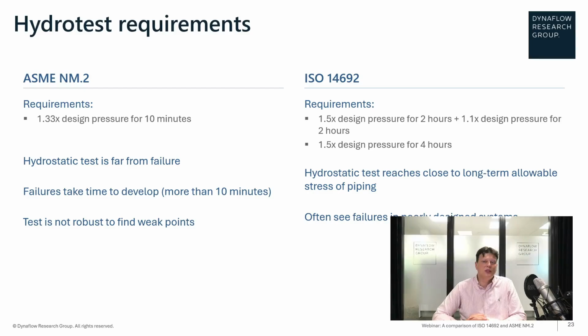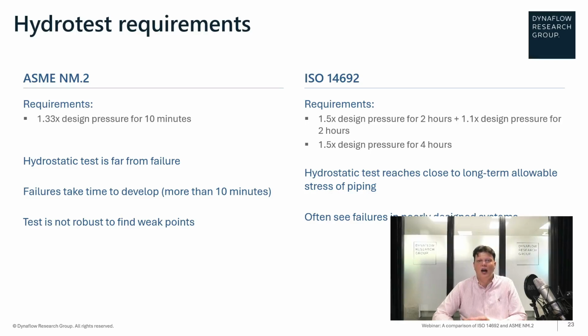In the ASME NM2, this means that the hydrostatic test is far from failure, and it's not robust enough to find the weak points of the system. In theory, you want a hydrotest to bring your system close to its allowable, so that you can find whether the design is fit for a 20-year lifetime.